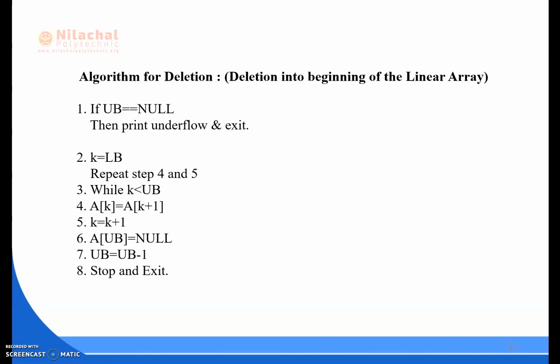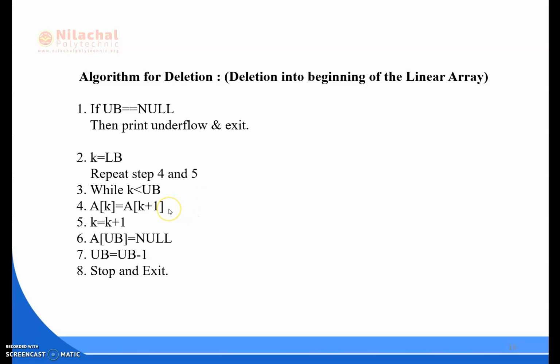And we have to repeat the steps from 4 to 5 until k is less than upper bound. That means the k will be running from the lower bound to the upper bound, and until it is less than upper bound, it will repeat 4 and 5 steps.